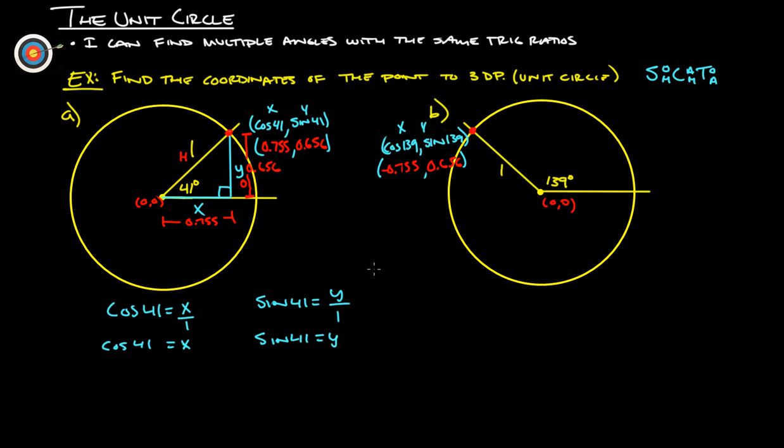And the big thing I want you to understand here is if you look at these two numbers, 139 plus 41 happen to give us 180 degrees. So the supplement, meaning the two angles add up to 180, the supplement of this angle here, which is 139, will end up having the same values here, except since this one's going to the left, it's going to be negative 0.755. Okay?